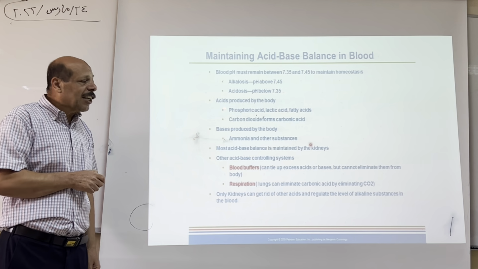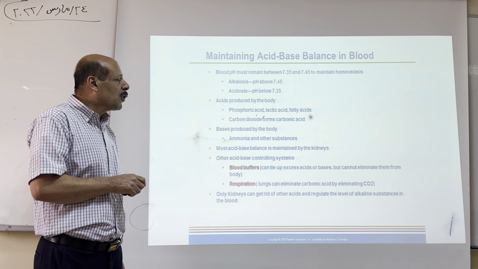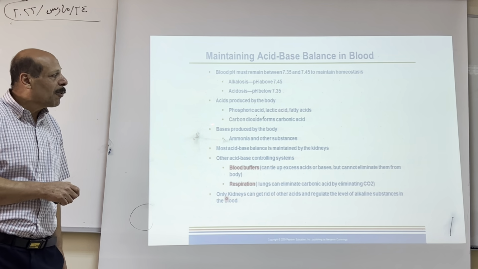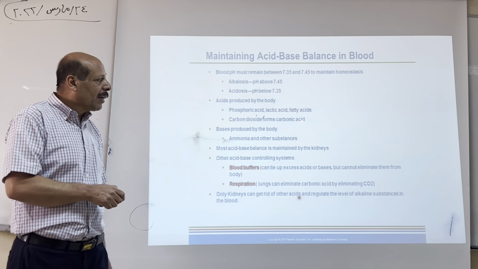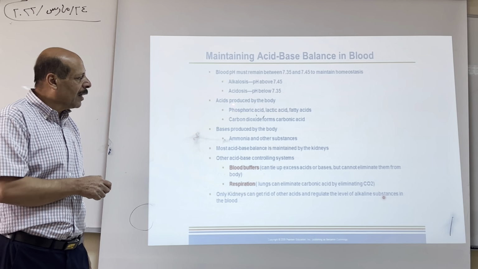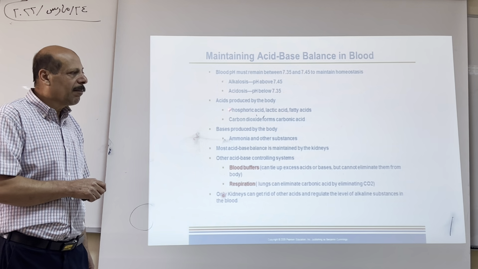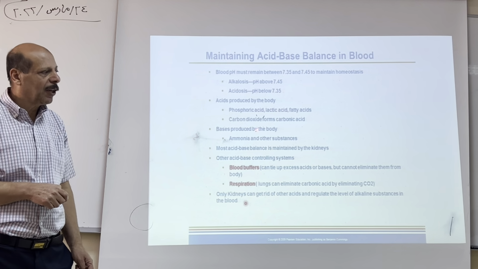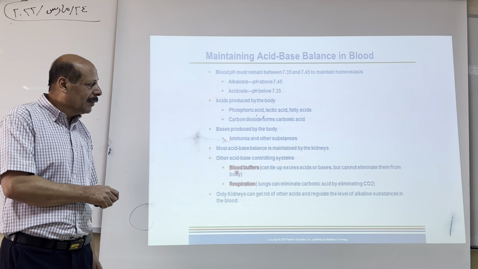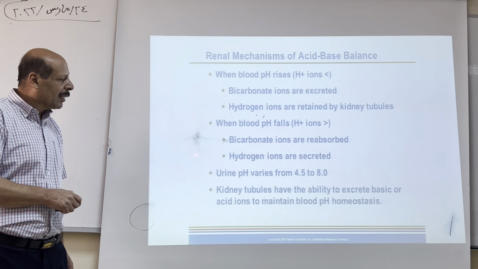The acid production in our body comes from phosphoric acid, lactic acid, fatty acid, and carbon dioxide from the carbonic acids. All of those are acidic in our body, and you may remember them from the biochemistry course. About base production by the body, ammonia and other substances are alkaline.